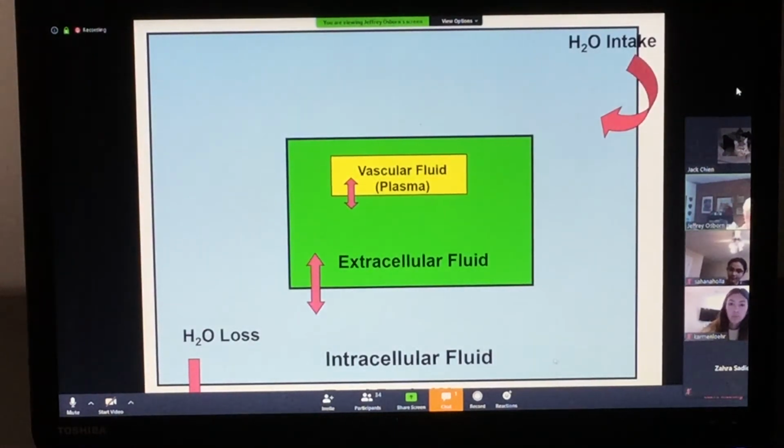And I showed you these figures that pictorially depict total body water, which is the outside rectangle, intracellular volume shown in blue, and then the extracellular fluid shown in green, 80% of that interstitial, and then in the yellow is plasma or vascular volume.